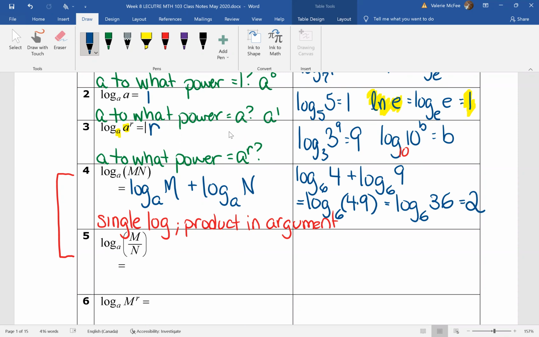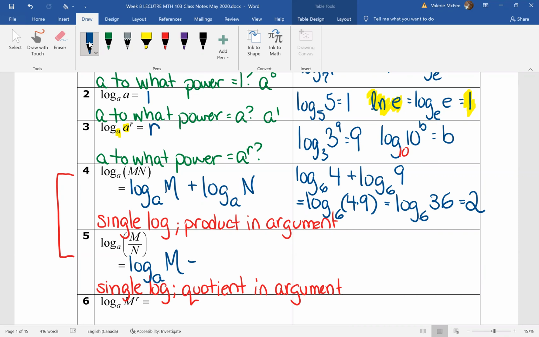Let's look at property 5. Again, we have a single log, but this time there's a quotient in the argument. What do you think this property is going to allow us to do? We're going to be able to write this as a difference of logarithms. The same base, log base a of m, subtract log base a of n. And again, this is a property we often use in reverse.